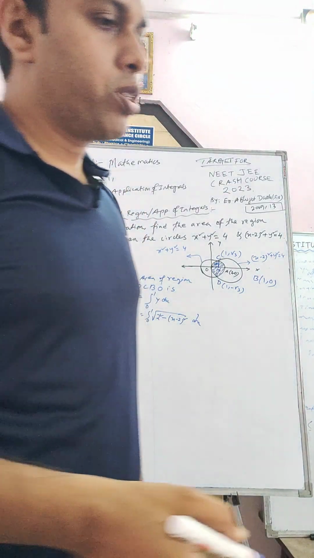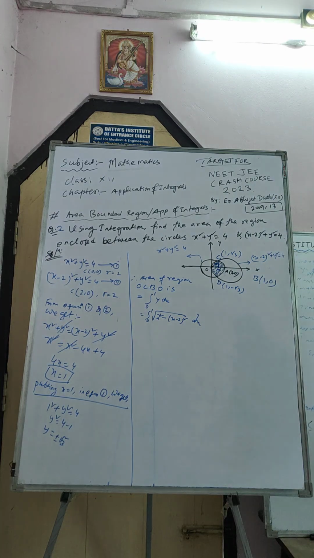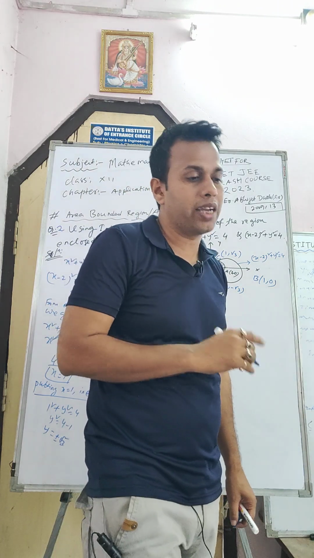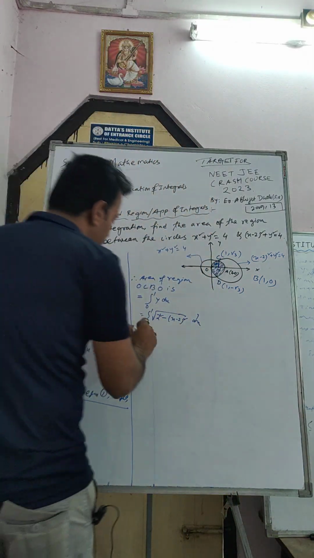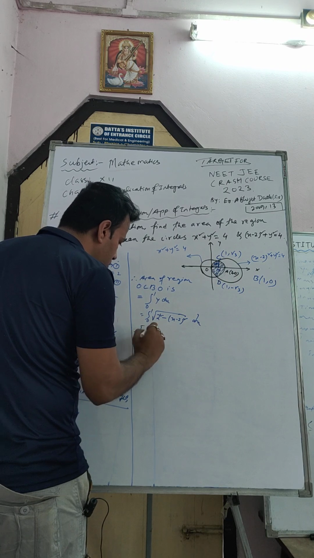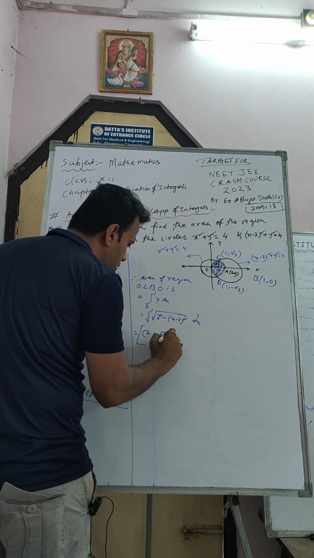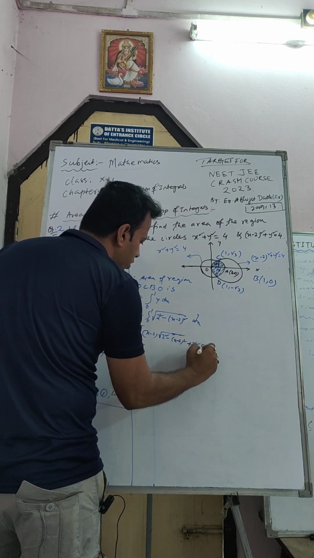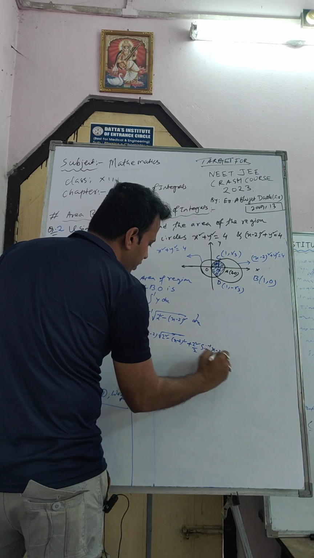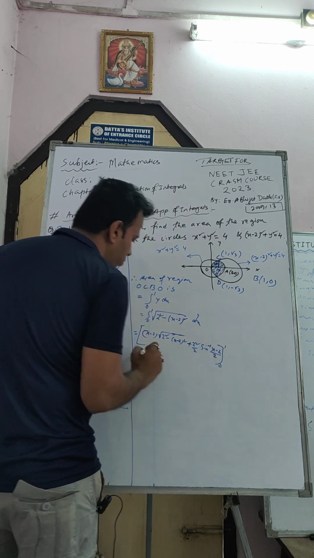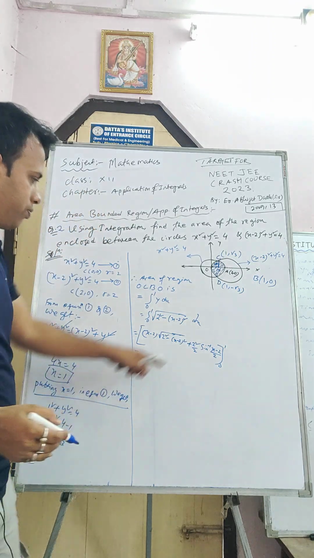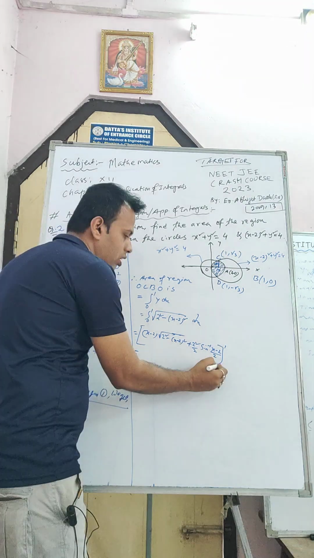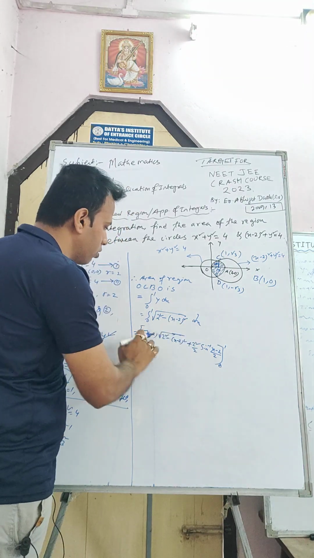The formula for integration of root of a square minus x square is x into root of a square minus x square by 2 plus a square by 2 into sin inverse x by a. Here it will be x minus 2 in place of x, evaluated from 0 to 1. If we put the lower limit, the whole part will become 0.